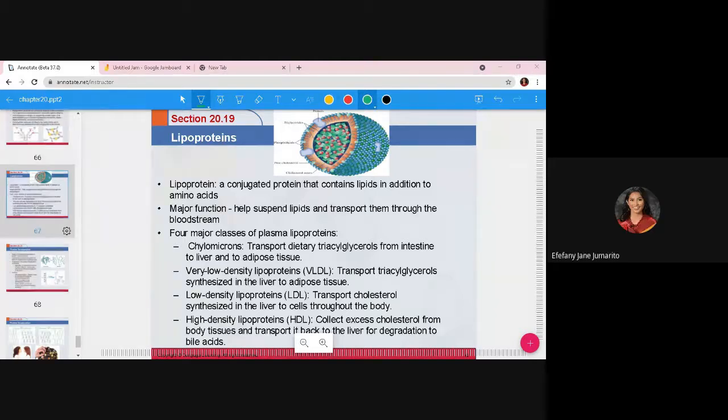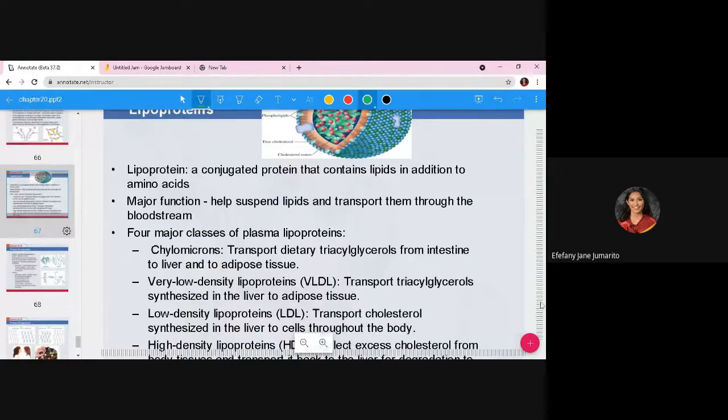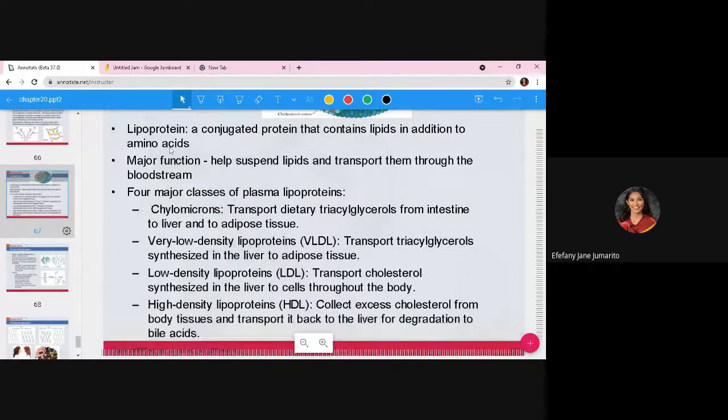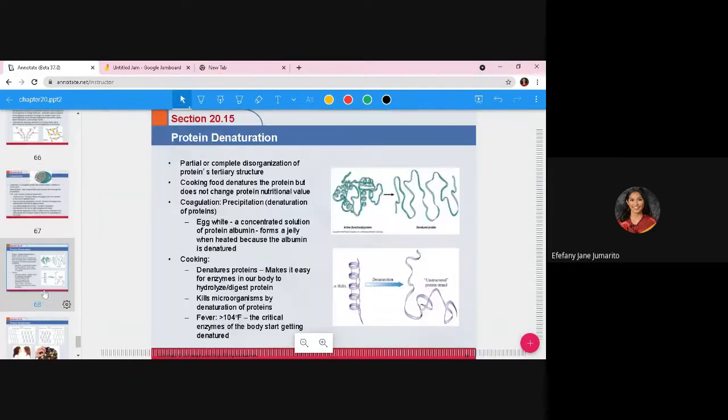Ay, HDL. Okay, HDL is a good cholesterol, whereas your LDL is less healthy. Okay. Now we have that one.